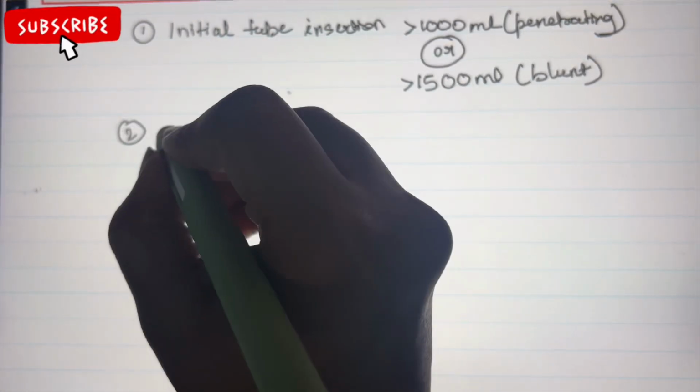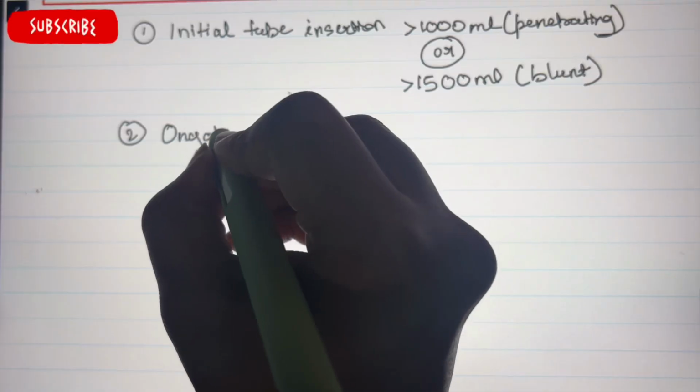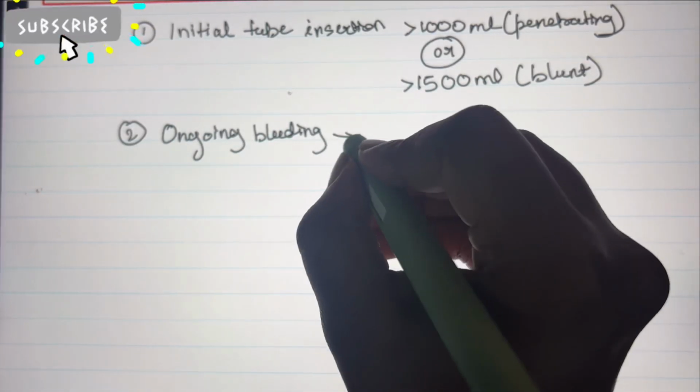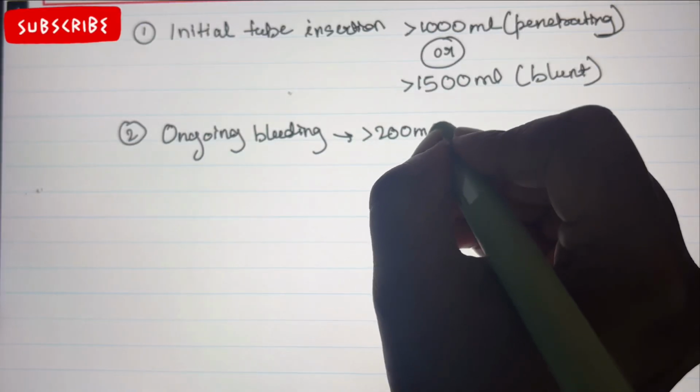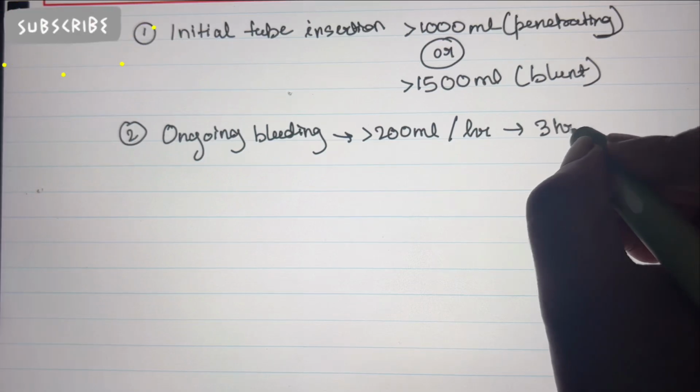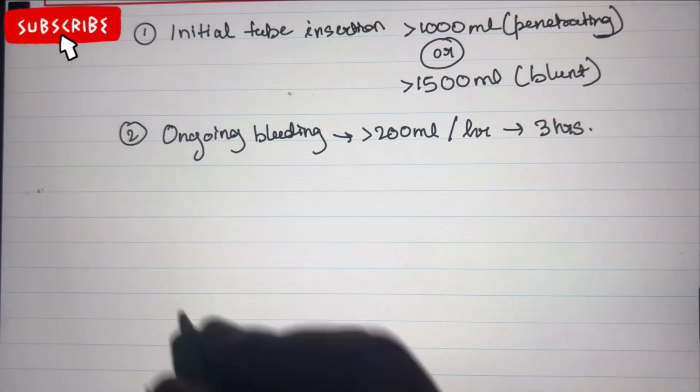Number 2, if there is ongoing bleeding, that is how much? More than 200 ml every hour for the next 3 hours. Then we have to do thoracotomy.